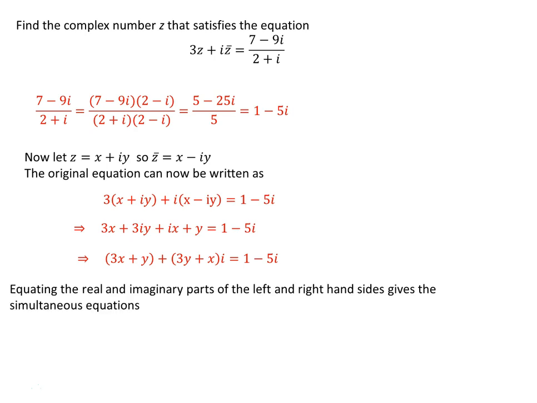So equating the real parts gives me 3x plus y must equal 1. Equating the imaginary parts gives me 3y plus x equals minus 5. Solving that pair of simultaneous equations gives me x equals 1, y equals minus 2, and this tells us that our complex number is 1 minus 2i.